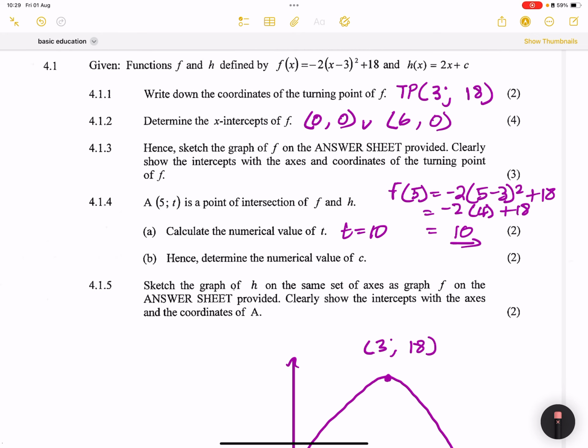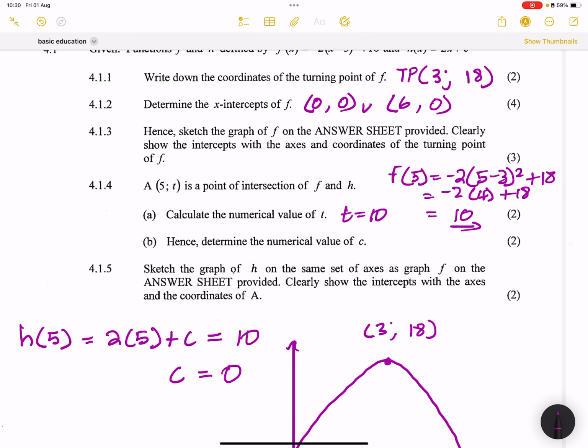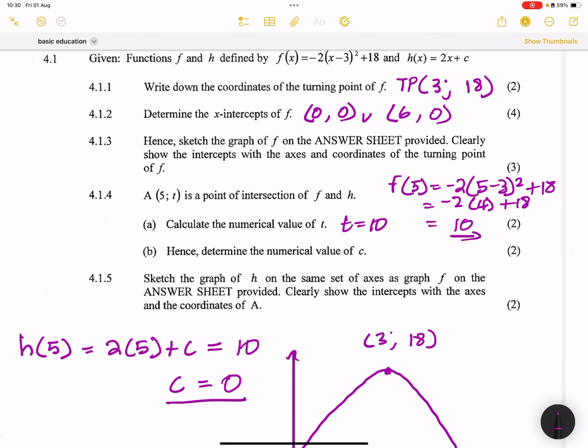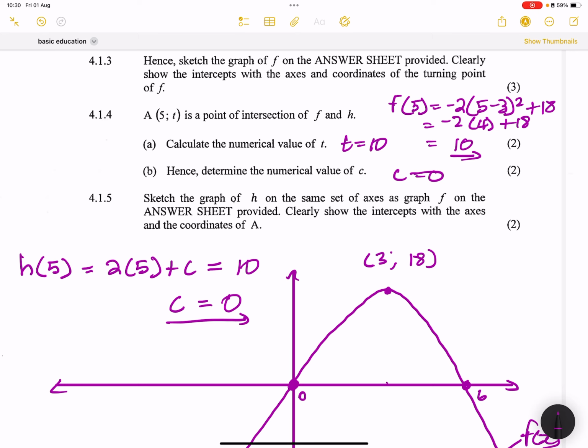When x is 5, h of 5 would be 2 times 5 plus c, and h of 5 is equal to 10. And so for my c value, that would be 10 minus 10, which is equal to 0. So c is equal to 0.